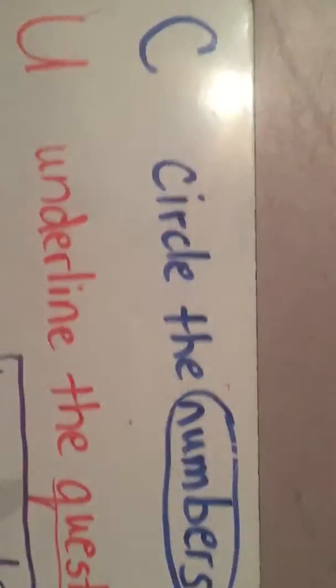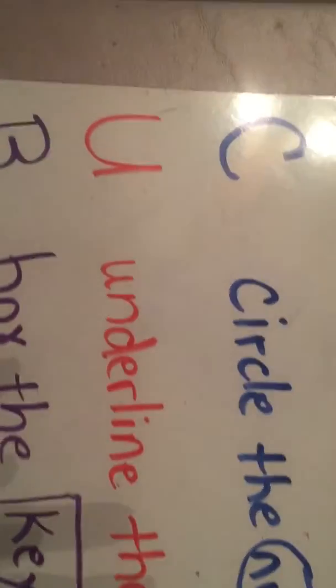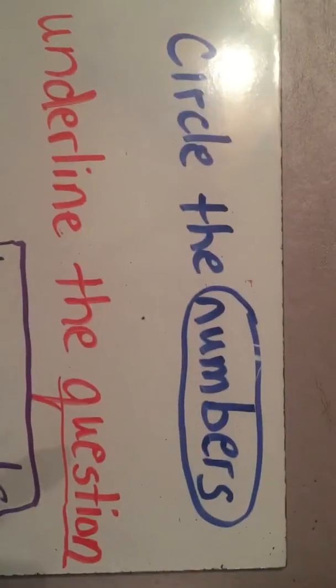99 bags of cat food are lined up in Mrs. Shalev's garage. If they are placed in equal rows, how many bags of cat food are in each row? So step 1 is circle the numbers. So the numbers here are 99 and 11. The next step is underline the question.